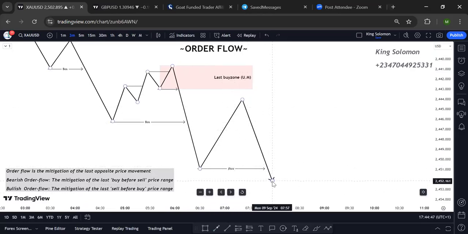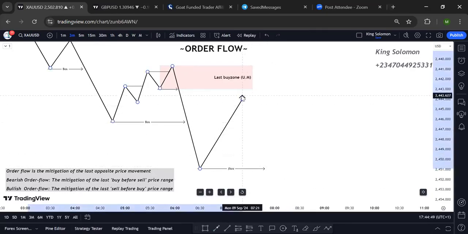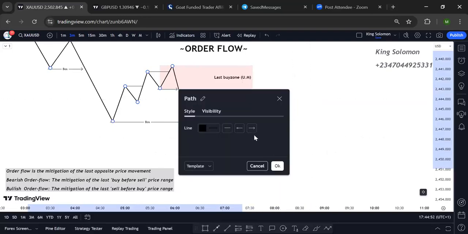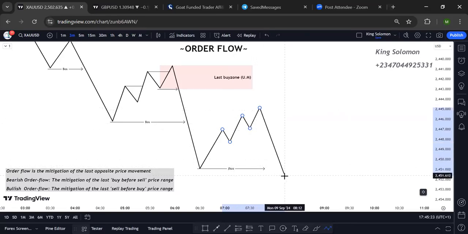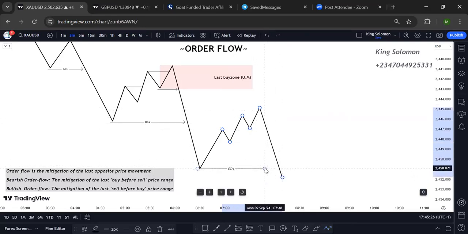So in this case, let me make it like this. 1, 2, 1, 2, 1, right? Let's say you now even saw something like this from this point here, and then the fake break of structure.